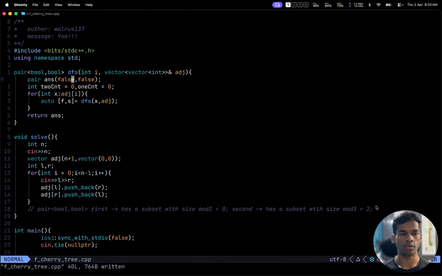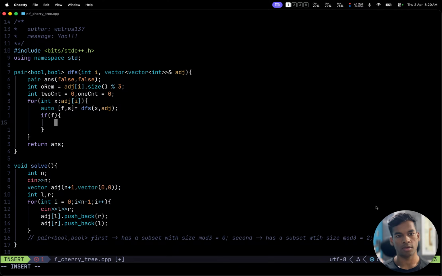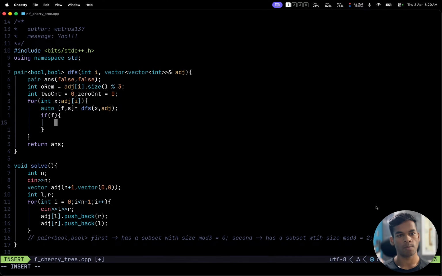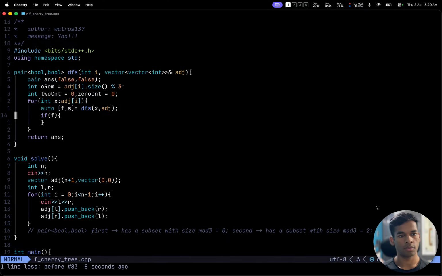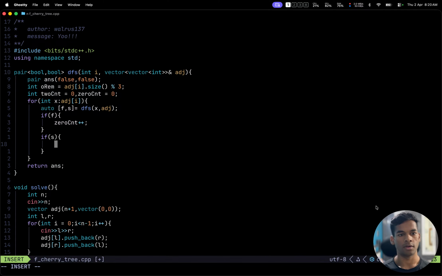Right, 2 count and 1 count both are equal to 0, and the original remainder is adj i dot size remainder with 3, and if f, then 0 count plus plus, and if s, then 2 count plus plus.